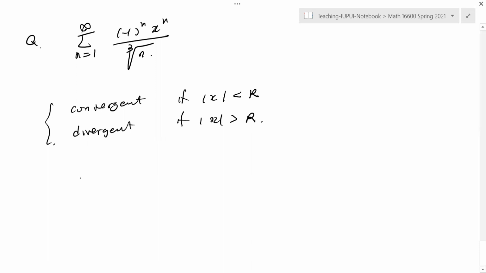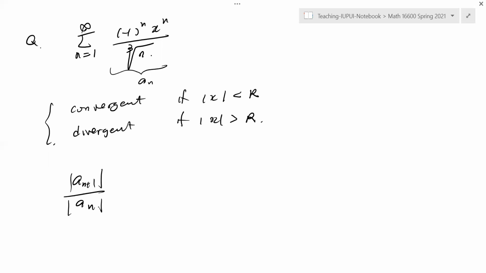So let's see. This is my n plus 1 over n. Don't forget the absolute value here, otherwise you don't understand the ratio test. It's not like, oops, I forgot it. No, it's a serious mistake if you don't put absolute value there.